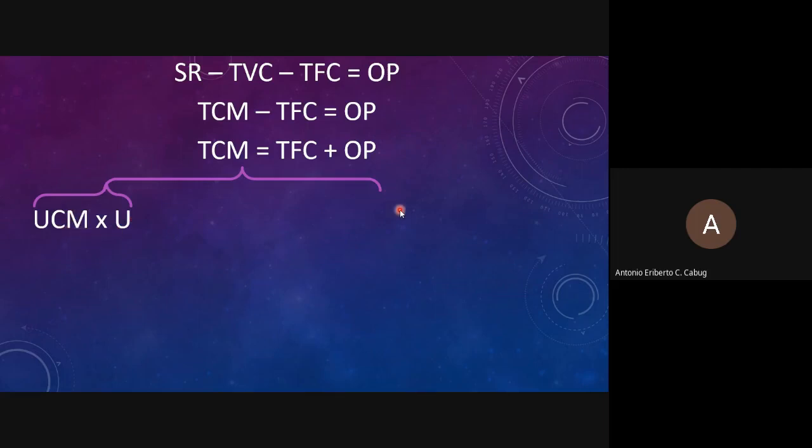The other way is CMR times the sales revenue. So total contribution margin can be arrived at by multiplying the UCM by the number of units sold. The other way is, if you can remember last meeting, CMR multiplied by the sales revenue.